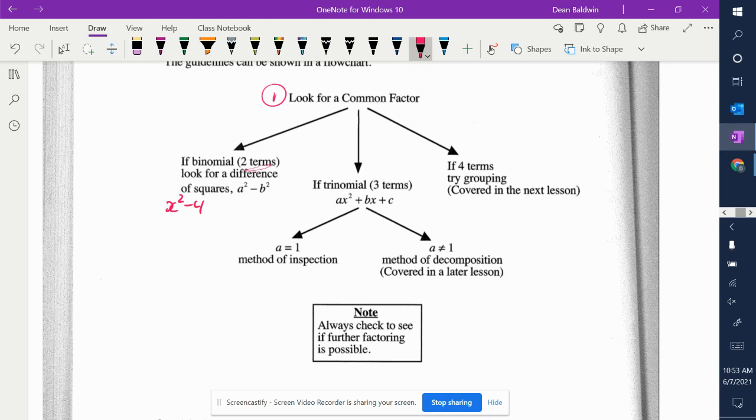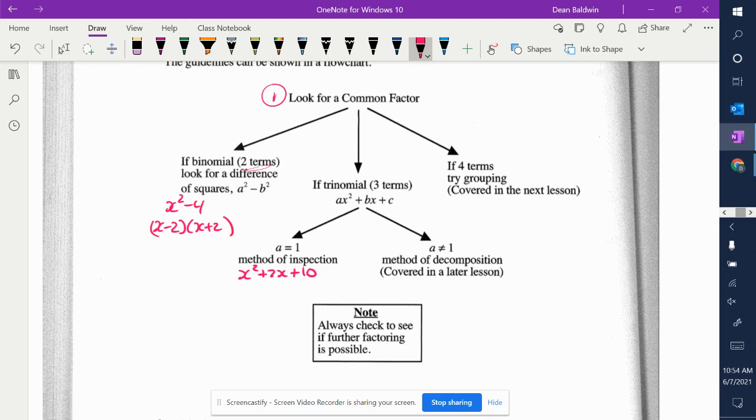Then it's a difference of squares, and it would just become (x minus 2)(x plus 2). Okay? Do you have 3 terms? Okay? So this is the stuff we just did. This would be like x squared plus 7x plus 10.